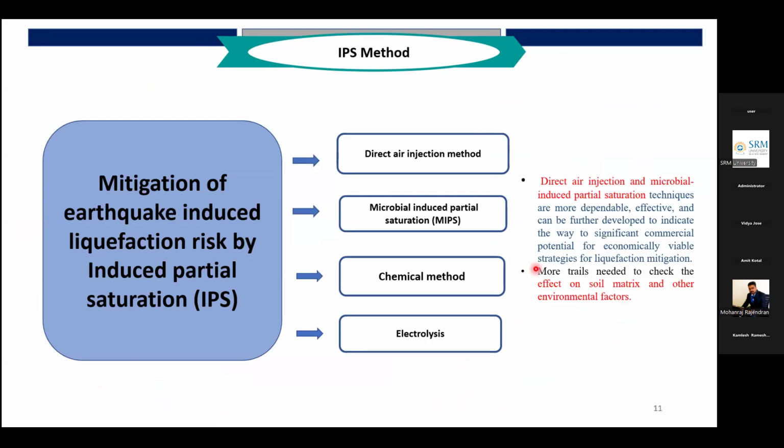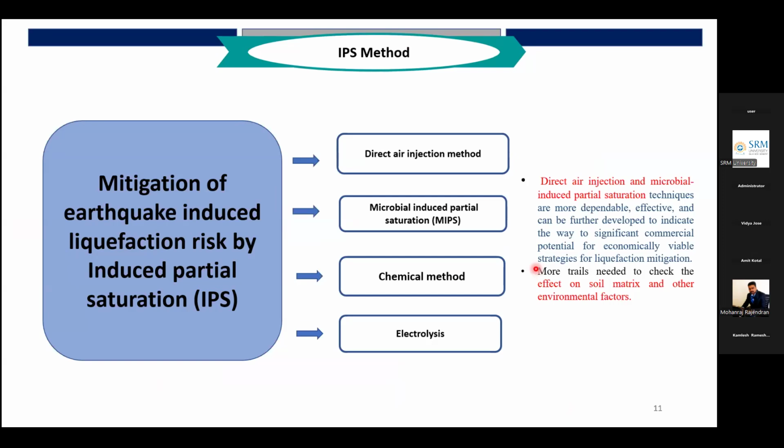Let us come to the methods of mitigating earthquake-induced liquefaction risk by induced partial saturation. There are several methods available to make your soil partially saturated. A fully saturated soil can be made partially saturated.